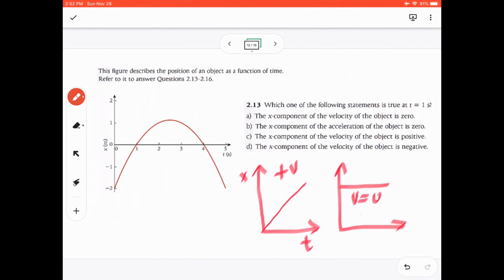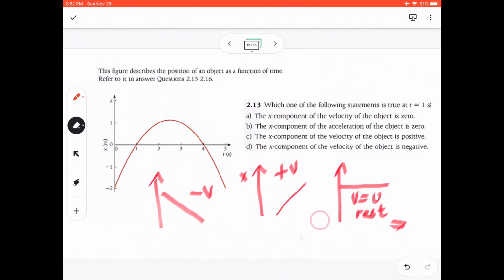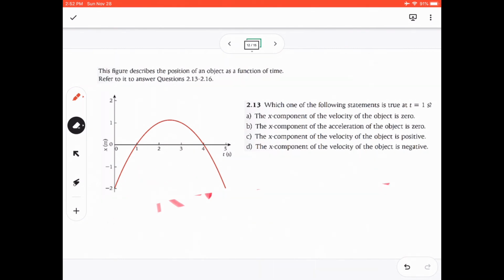It's at rest. And if you have this type of graph, this is negative velocity. All right, but in the given, I'm going to erase this. I hope you remember those three things that we need to know about a position-time graph.